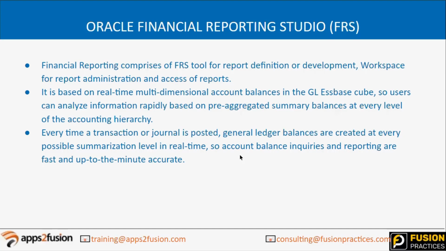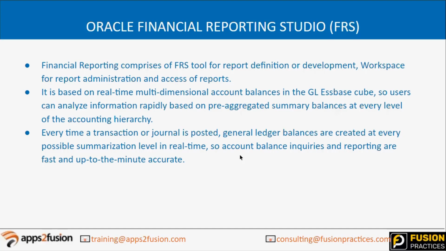So if you want to give an input for your accounting period, let's say Jan 2020, what is the balance amount that we have? What is the period activity amount that I have? What is the ending period activity that I have? Since all these period activities, your accounting period, and your COA segments are stored as dimensions, it is easy for your FRS report to just connect to the cube and take the balance amount directly.